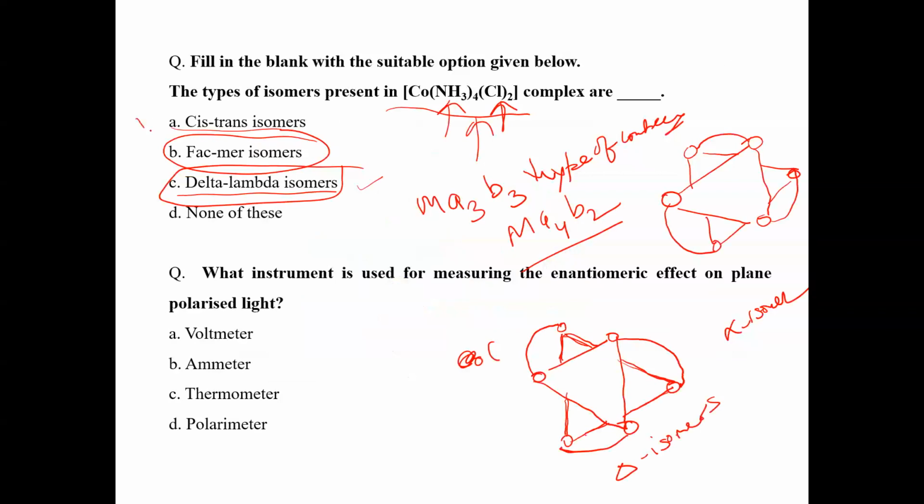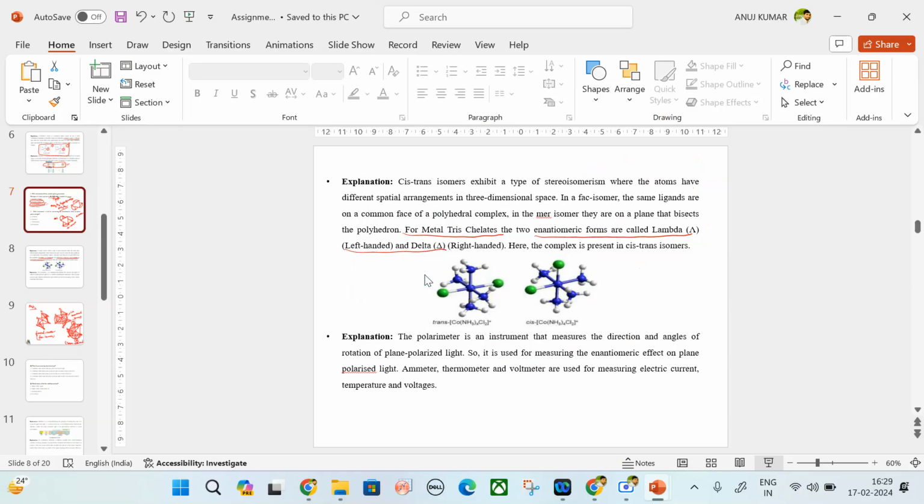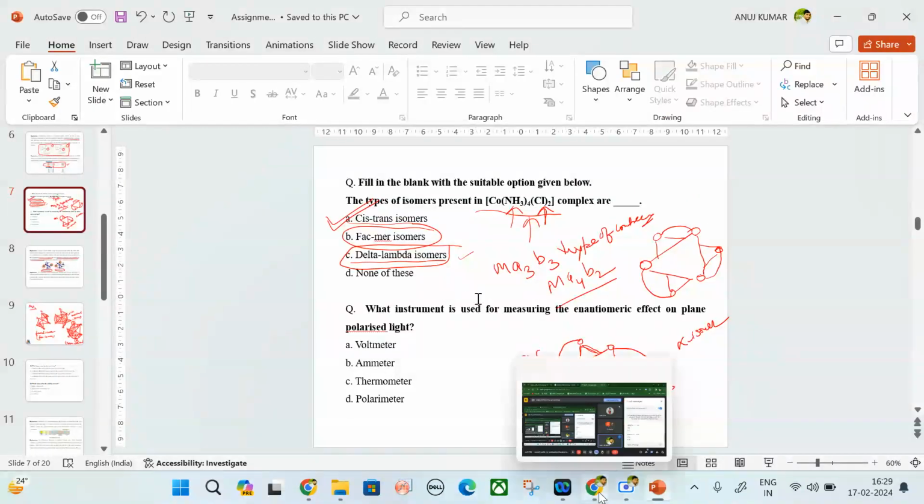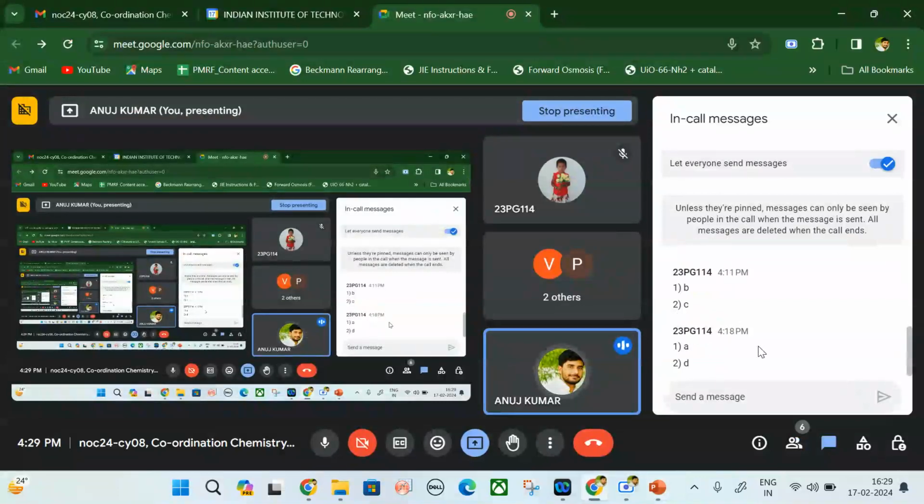It will be the cis-trans isomers. Okay, if you got my point, just type yes. Okay, thanks.